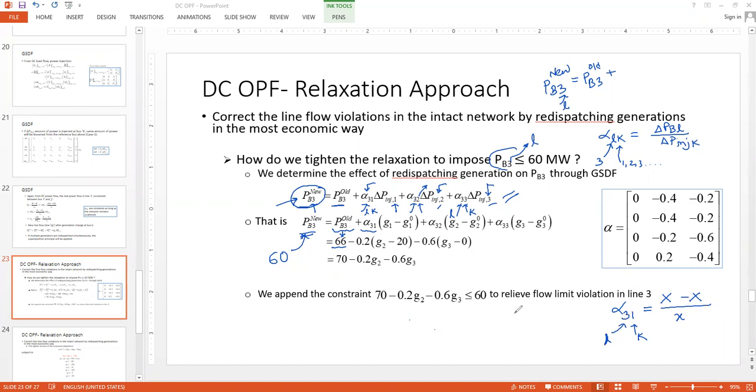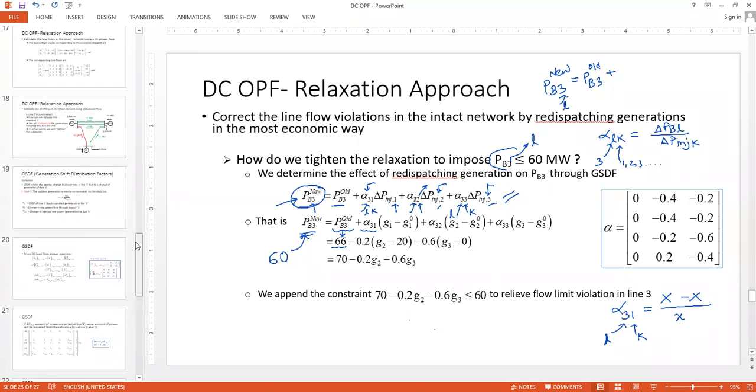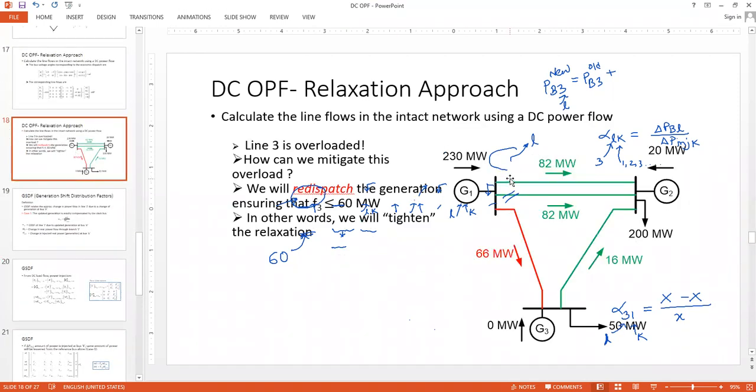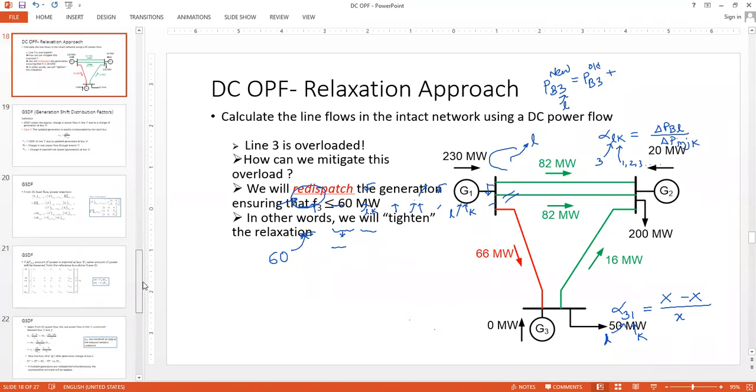So for line number 3, we go back. What is the sending end bus? I and j mean the sending end bus and the receiving end bus respectively. For line number 3, the sending end bus is 1 and the receiving end bus is 3.